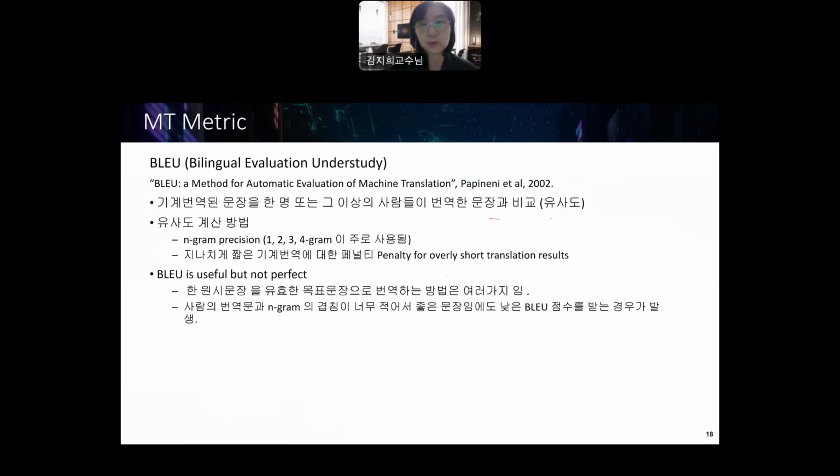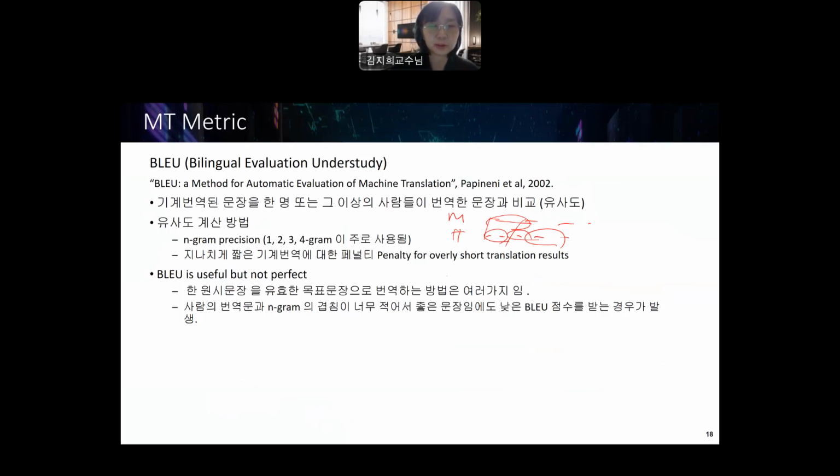Let's say we have the output, this is a machine's and a human's output, and we compare by using bigrams and trigrams. And as you can imagine, this may not be effective, but it still is used because there are not many alternatives.